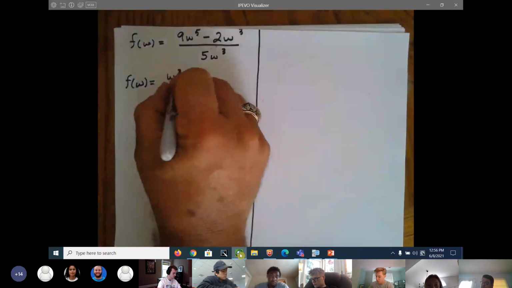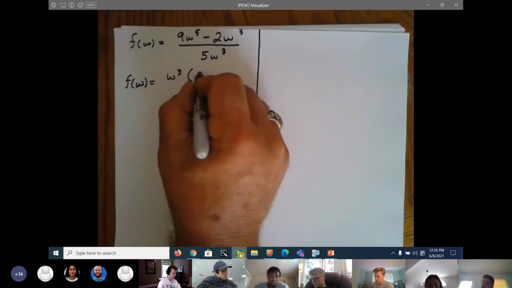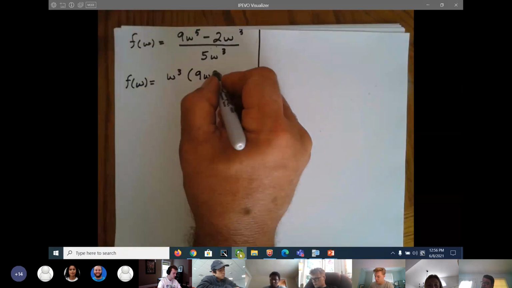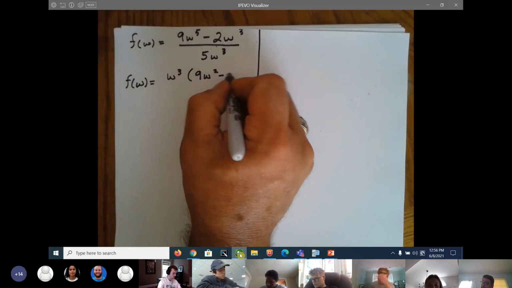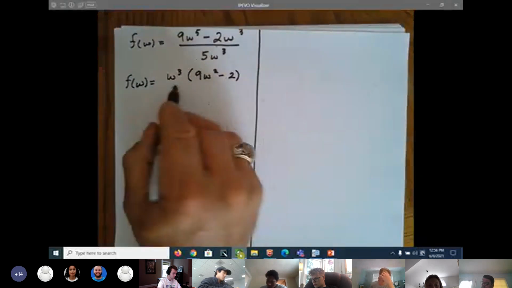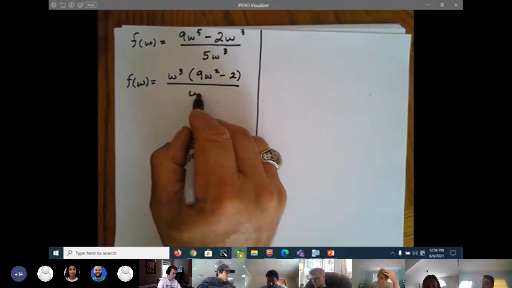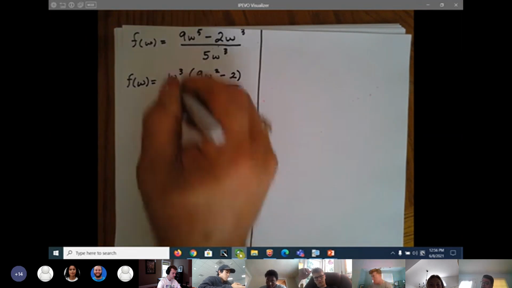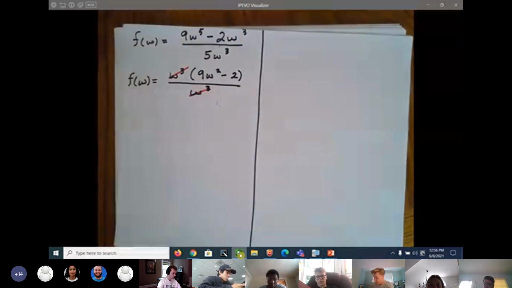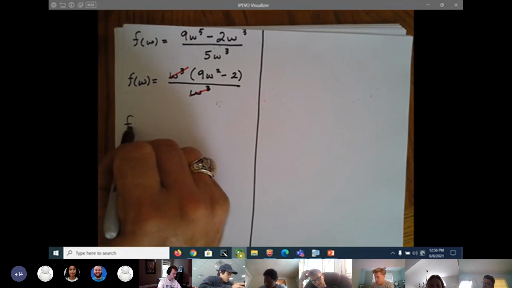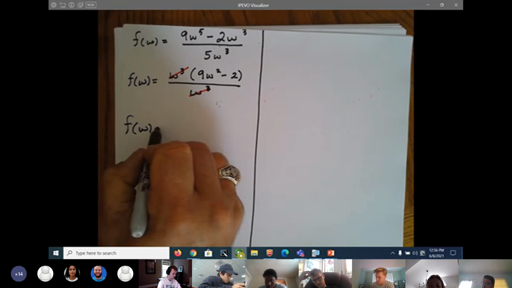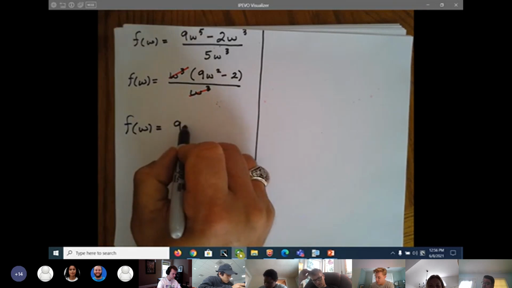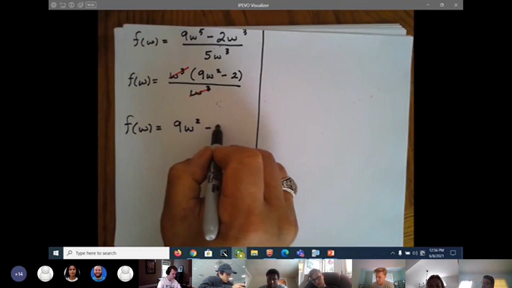That leaves you with 9w squared minus 2 over w cubed. And what happens to the w cubes? They cancel, and you're left with f of w is equal to 9w minus 2.